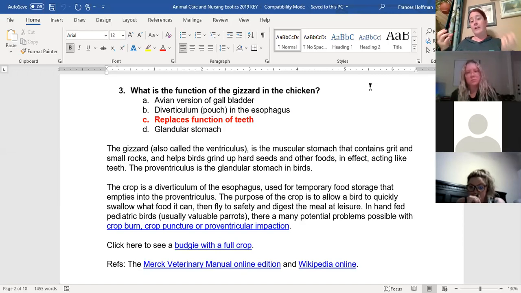It'll contain grit, small rocks. The crop also can hold grit and small rocks to help with that as well. And then the proventriculus will be the true stomach of the birds, and that will help with the acidic digestion, mechanical versus chemical. We have our chemical digestion happening in the true stomach.